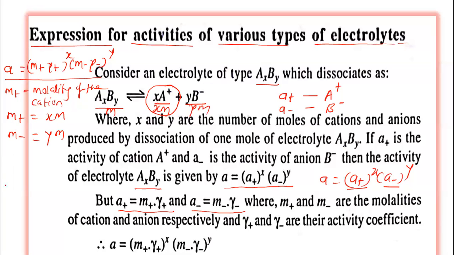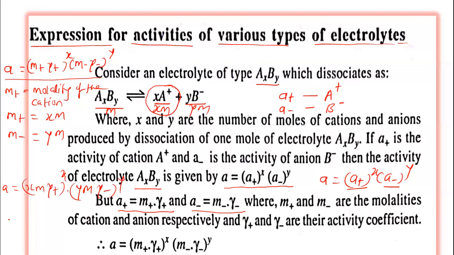So total activity of the electrolyte is equal to X into M into gamma plus raised to X, multiplied by Y into M into gamma minus raised to Y.